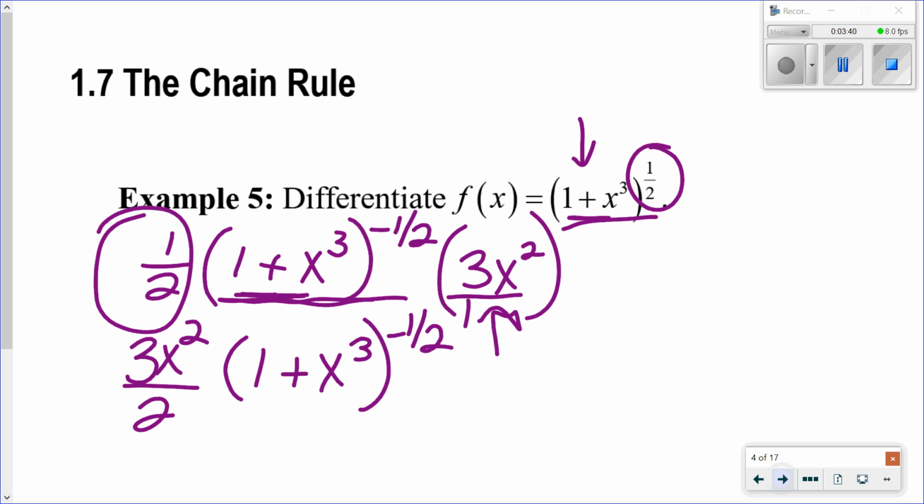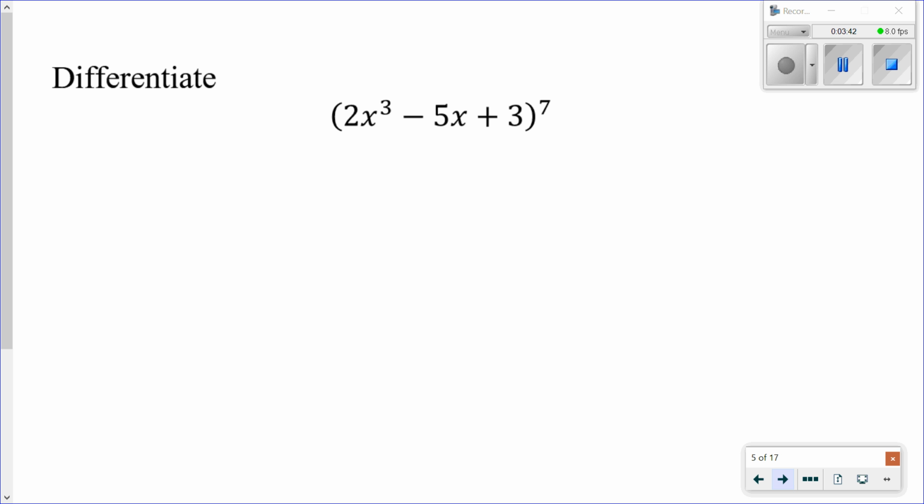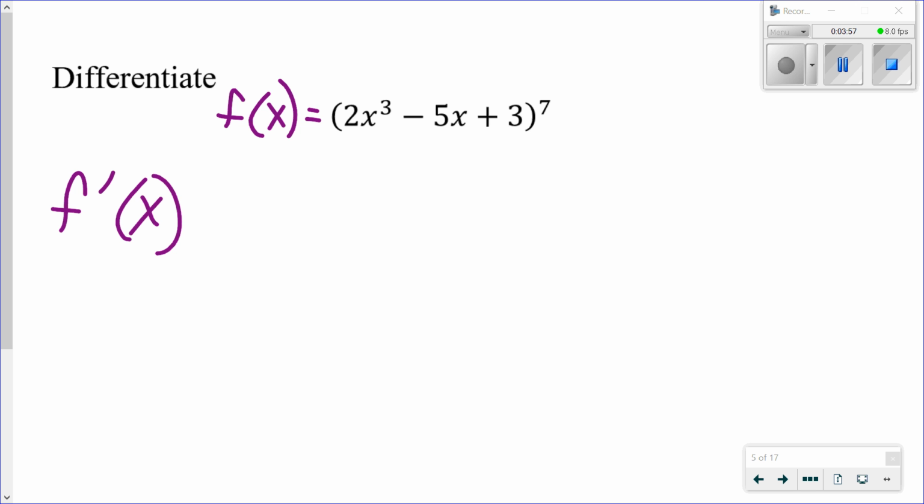All right, I want to look at another example. So here's another example, this one with a whole number. Go ahead and pause the video so you can try it. So let's call this f of x. So f prime, our derivative of this function, is going to be the derivative of the outside, so 7.